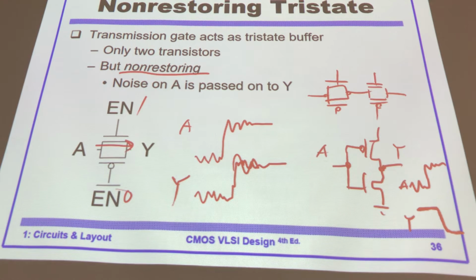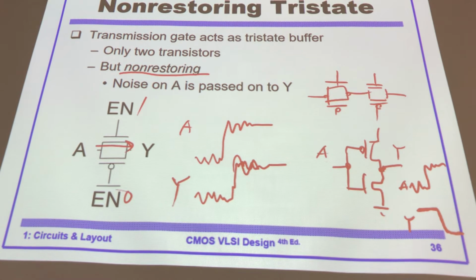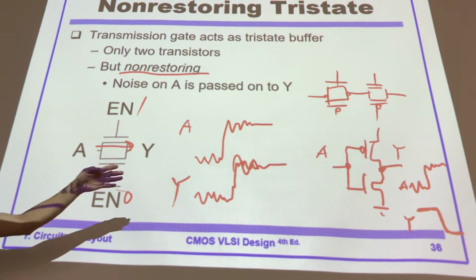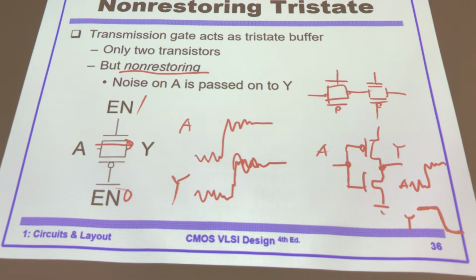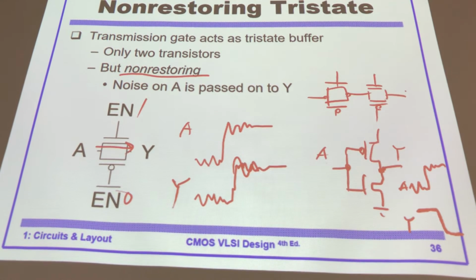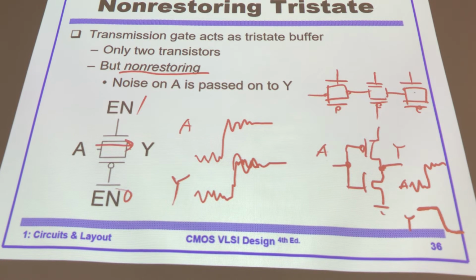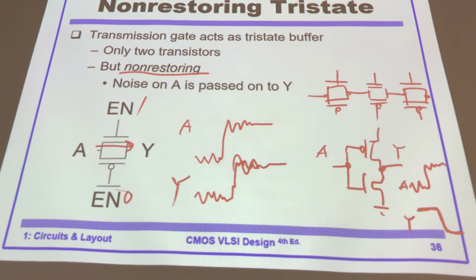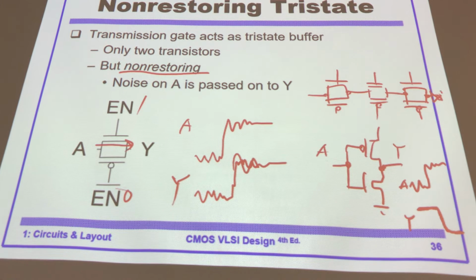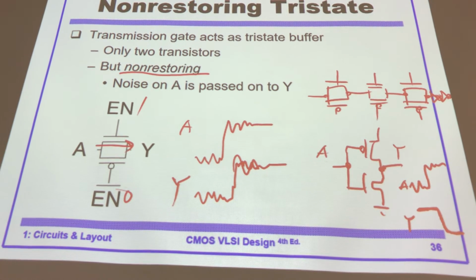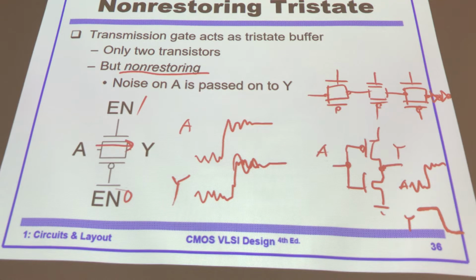So actually, in some designs, we like small chip area. We also like clean signal. Then what can you do? You can try to connect, for example, 3 transmission gates, and then add an inverter, or maybe 2 inverters, for the output. They will give you small chip area, and give you a good output signal, both strong and clean.